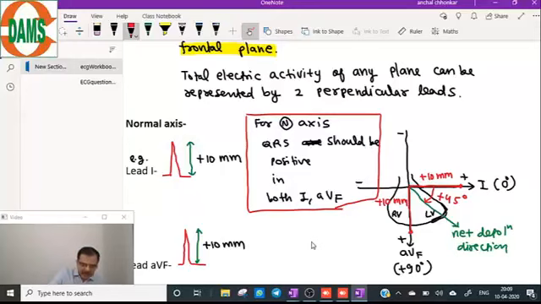Now listen carefully. If lead 1 shows +10 mm of QRS and AVF shows only +5 mm of QRS, tell me, this net depolarization direction will shift towards which lead, lead 1 or AVF?